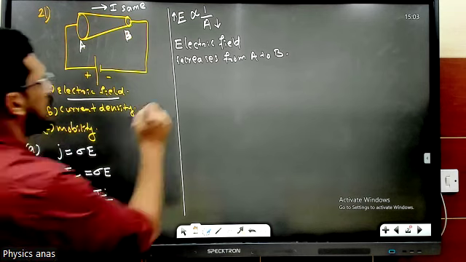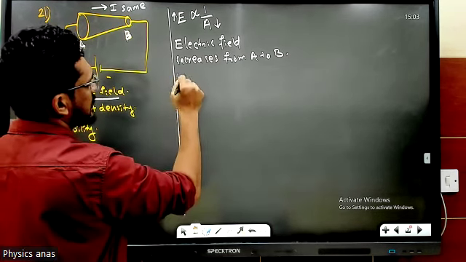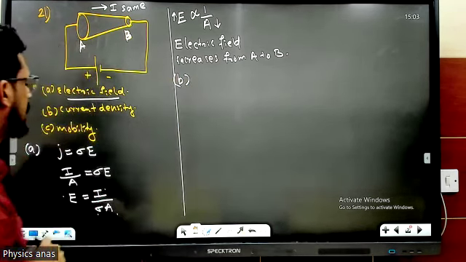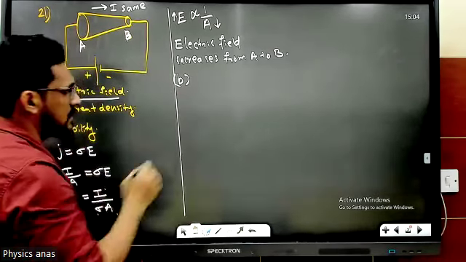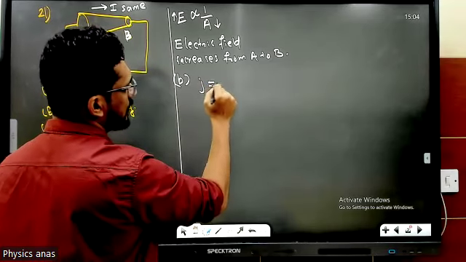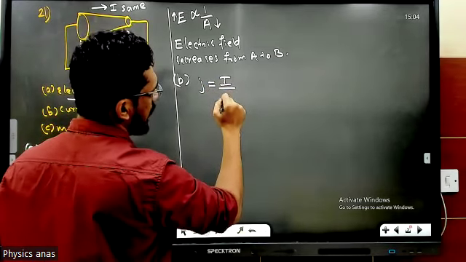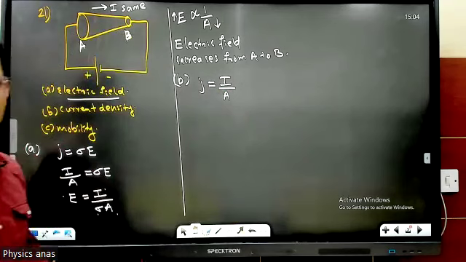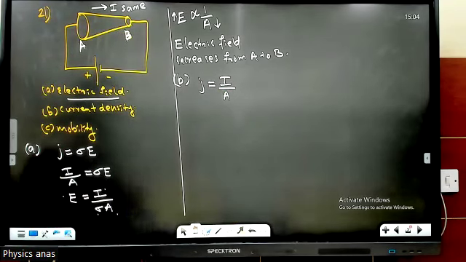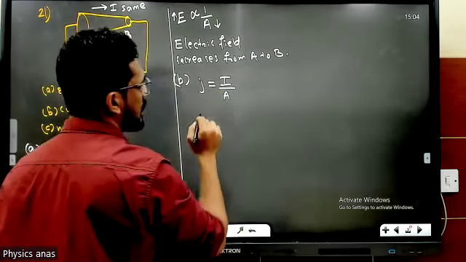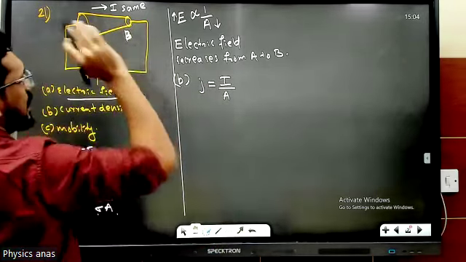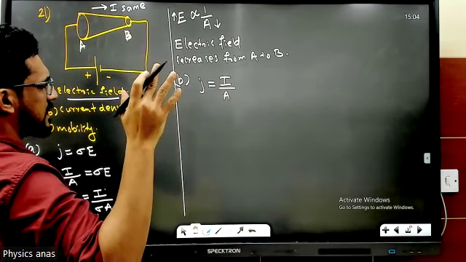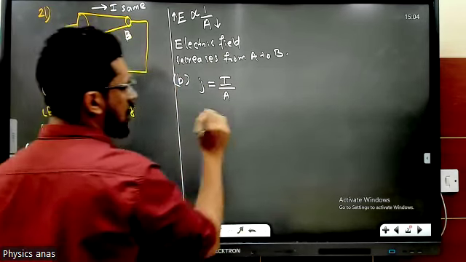Okay, then let's see current density. Current density and area are related with the equation J is equal to I by A, and I is the same. Current is not changing, so I is a constant.